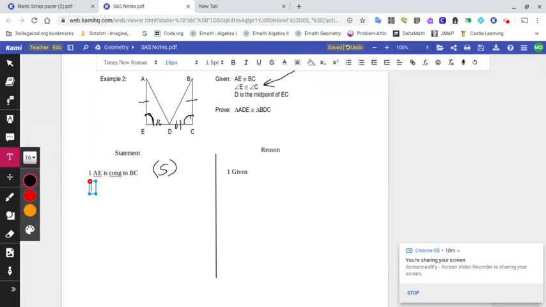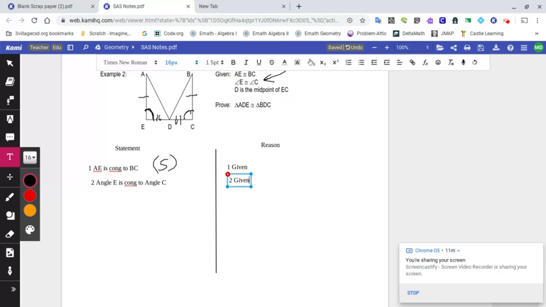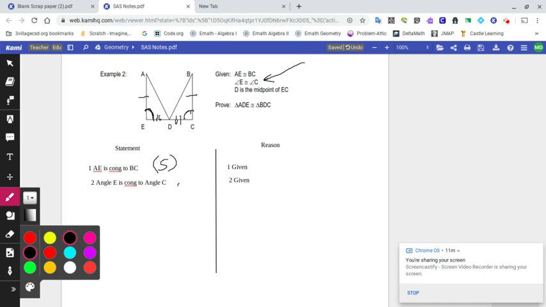My second statement, angle E is congruent to angle C. Again, that one is a given. These givens basically spotted us the first two parts that we needed. So this was my angle.